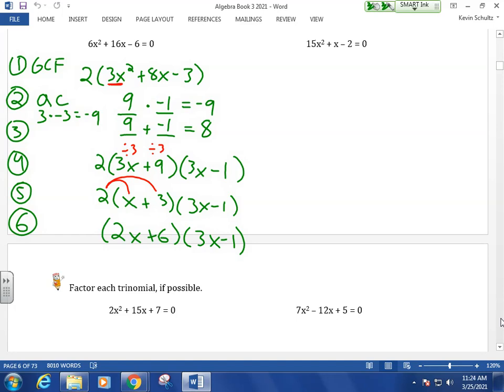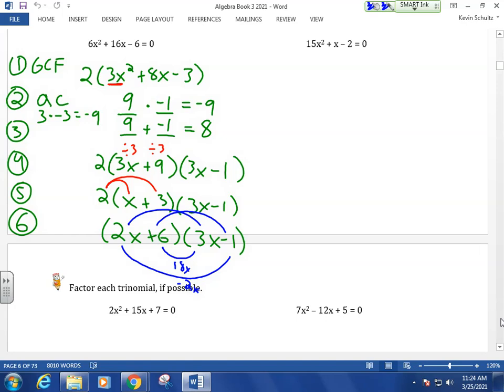And we can FOIL, crab claw, box this. We can see that 2x times 3x is 6x squared. Our constants, 6 times -1, -6. And then our inside-outside, this is 18x. This is -2x. And 18x minus 2x is a positive 16x.